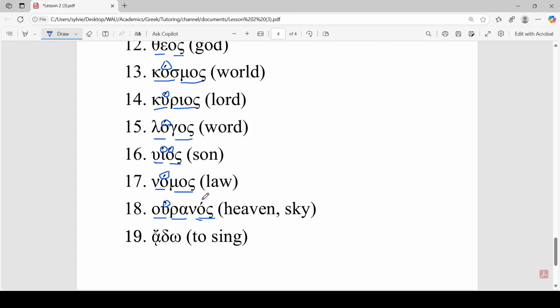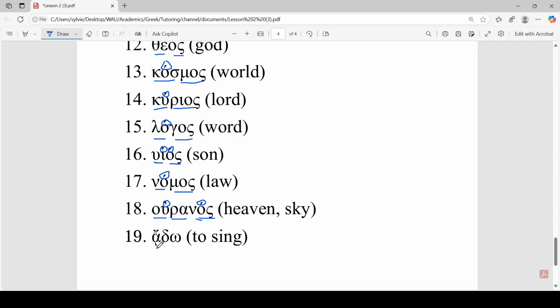Always highlight the different features of the word: split it, break it down into syllables, and then try to identify any diacritical signs, like this breathing mark at the beginning on this diphthong, omicron, upsilon, and then we have the acute accent on the ultima. So the right pronunciation will be ouranos, ouranos.